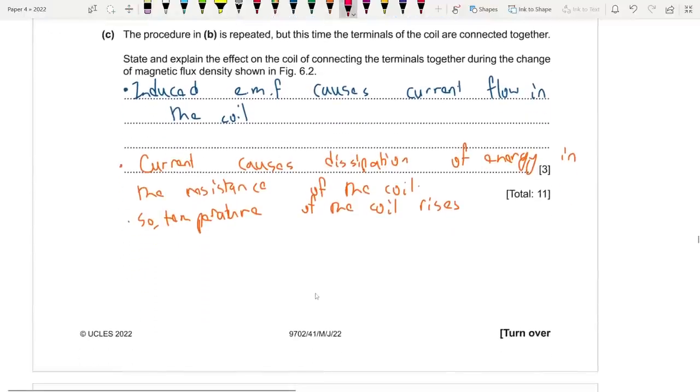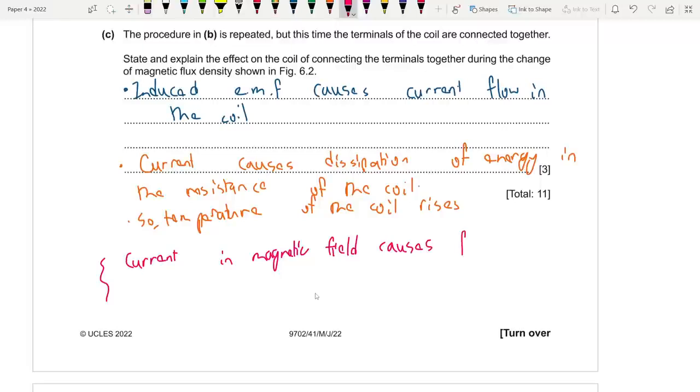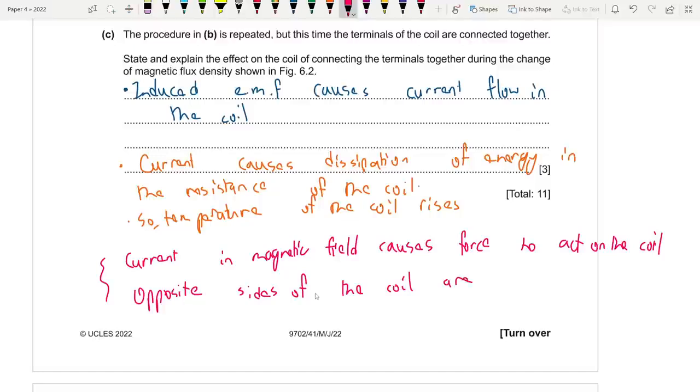Or an alternate option is you could go for current in the magnetic field causes force to act on the coil, and we need to say how it affects it. The opposite sides of the coil feel a force inwards, or you could say are forced inwards.